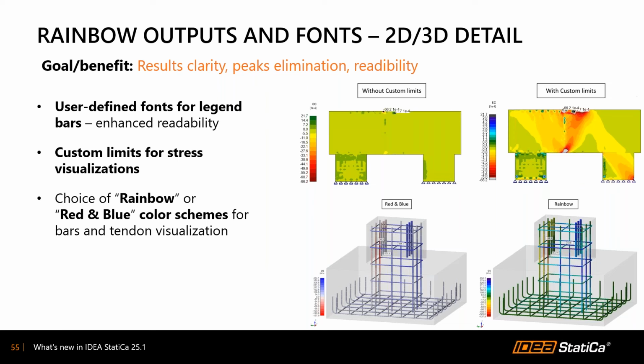So we just added the rainbow outputs and also the fonts. We are enabling you to fully customize the results visualization. You as a user can set the minimum and the maximum values and basically scale your range of the color, and adjust the font sizes.